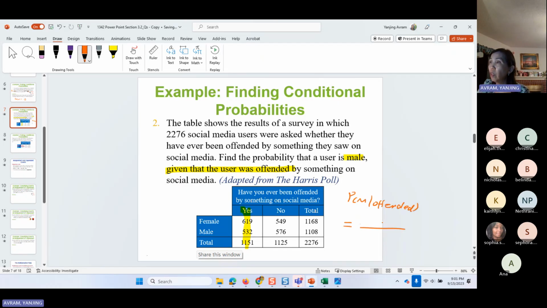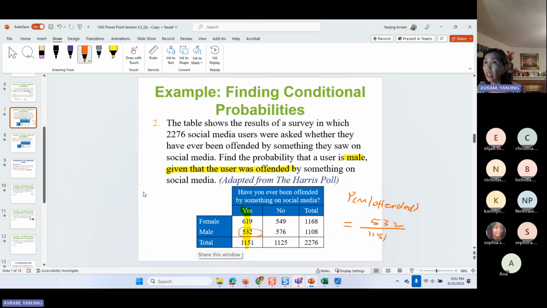All right, so the offended total here is 1151. And how many males are here? 532. So that is the probability of the male, given the condition was offended.